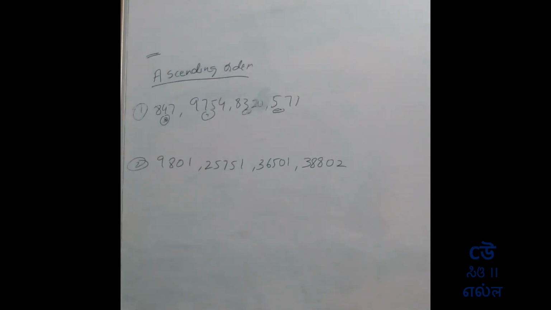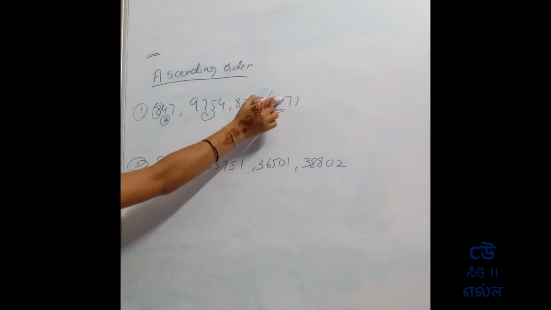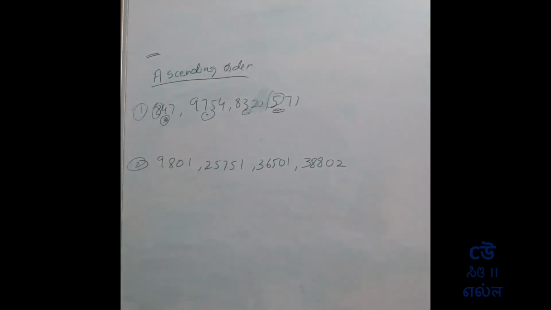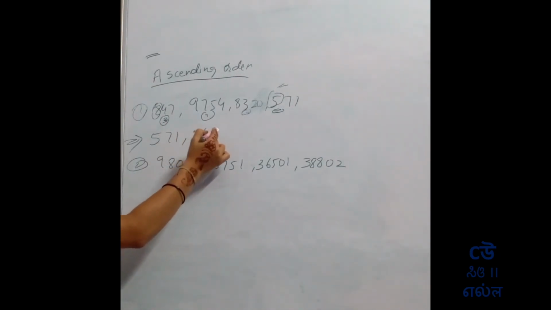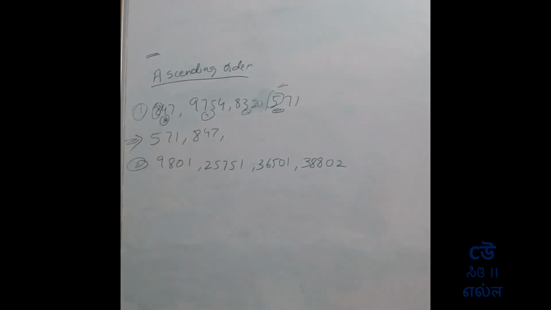So you have equal number of digits. So you have to see the first number, that is 8 and 5. So 8 and 5, which is the smallest? 5 is the smallest. So that you will write first. Okay. So this is done. So the remaining is what? 874. Smallest number.